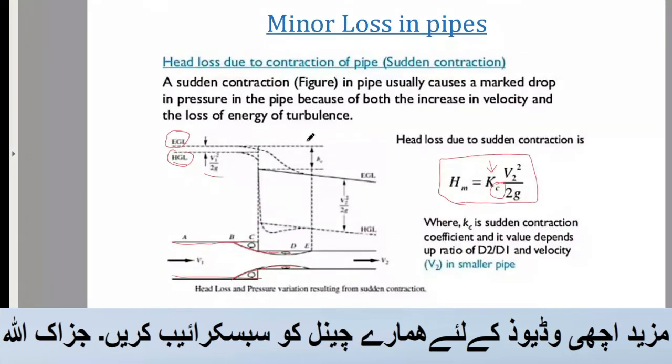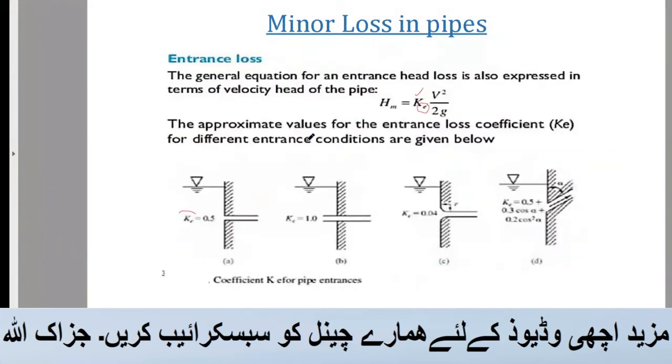But if we see other slides or next slides, then we will observe that these quantities will also be changed. So hm is equal to Ke is the entrance loss. It will also be different for different entrances because it varies.